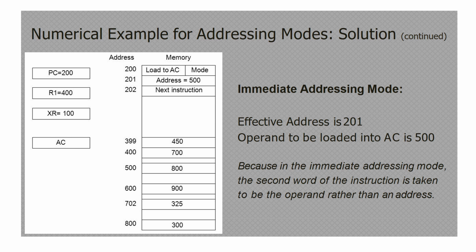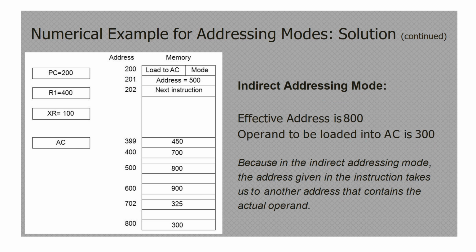In the immediate addressing mode, the effective address is 201, because 201 is the location directly used, and at this location we have 500, so that 500 will be loaded into the accumulator.